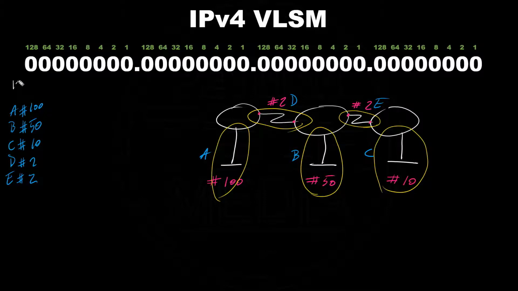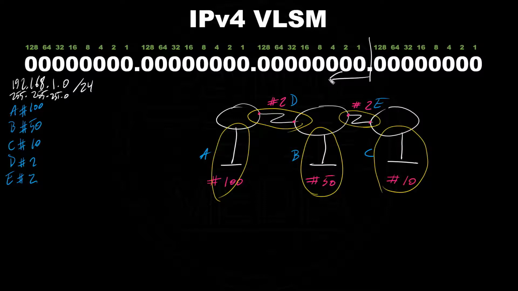And let's say the network address they gave us is the 192.168.1.0 network with the default CIDR notation of /24, which we know is class C, 255.255.255.0. That's the default subnet mask for class C. 24 bits turned on. 8 plus 8, 16 plus 8, 24.